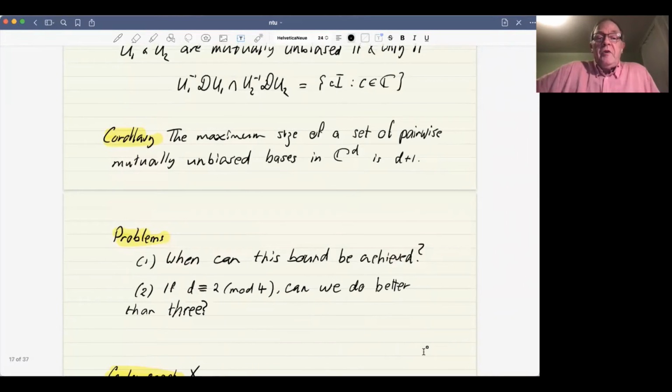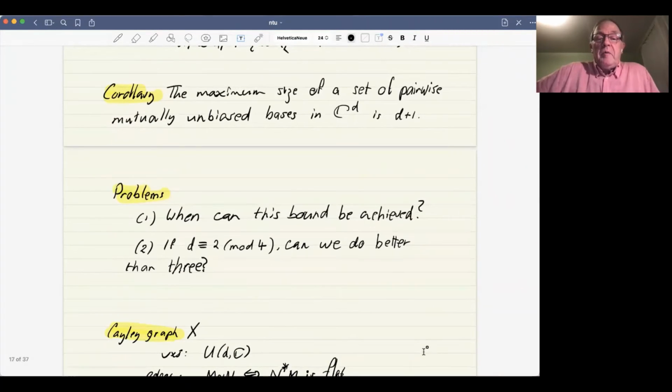So that leaves you with a couple of problems. First, as I said, this bound is realized when Q is a prime power. Can it be realized in any other case? Nobody knows. This has been open a long time, and people are interested in mutually unbiased bases; as I said, they're used in lots of different protocols. Secondly, if D is congruent to 2 mod 4, no one has found more than 3 mutually unbiased bases.